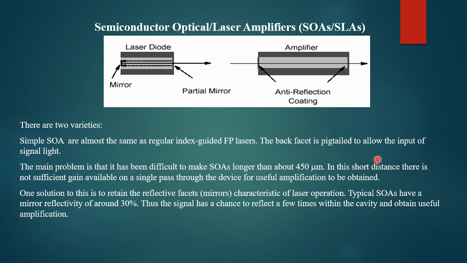Semiconductor amplifiers are typically made of III-V compound semiconductors such as gallium arsenide, aluminum gallium arsenide, indium phosphide, or indium gallium arsenide phosphide.